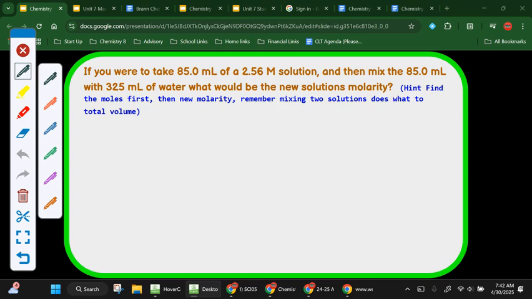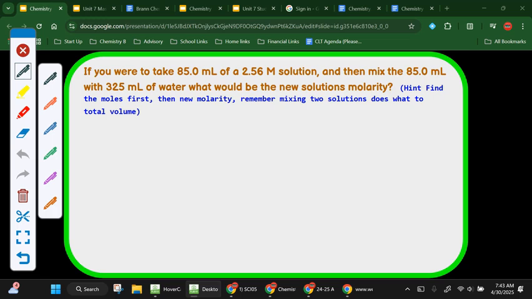Then you put it into another container. Now, in that container right now, I not only have 85 milliliters, but I have a certain number of what? I have a certain number of moles. It is a portion of what was in here. Okay? So our first step is to figure out how many moles are in that container.